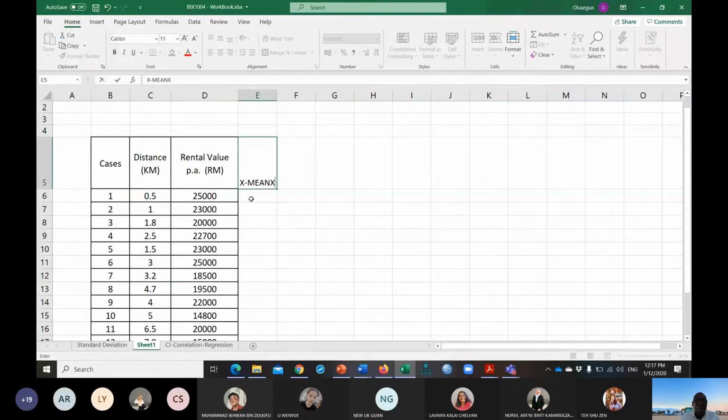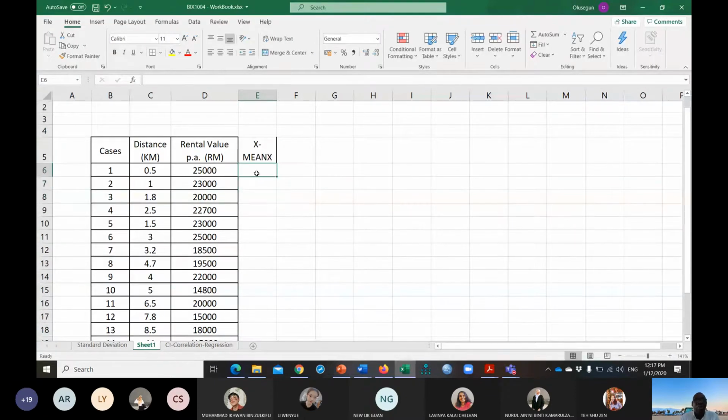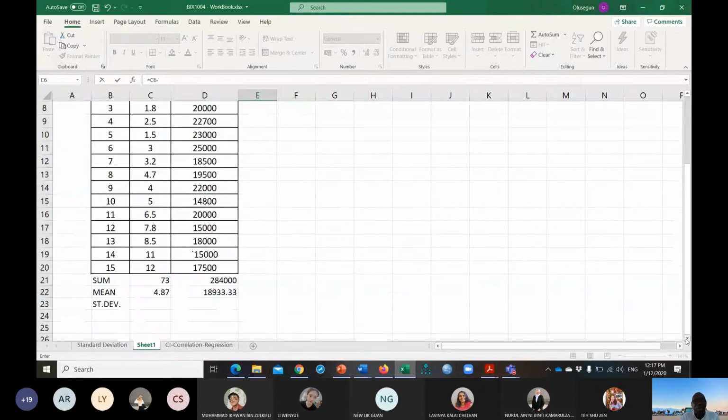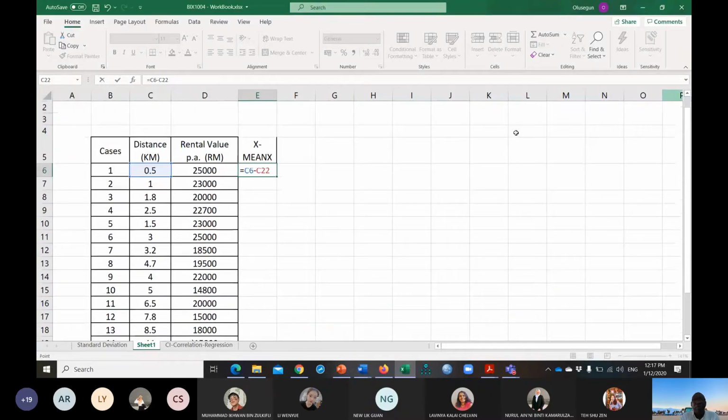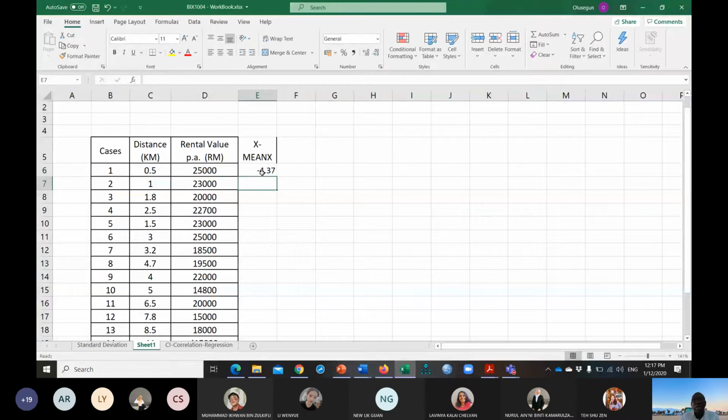I'm sure you know the procedure. So this minus our average mean, and I have to put a dollar sign here so that it will be easy for us to copy. So this is the result. We are talking about the distance now, and we can do the same thing downward.